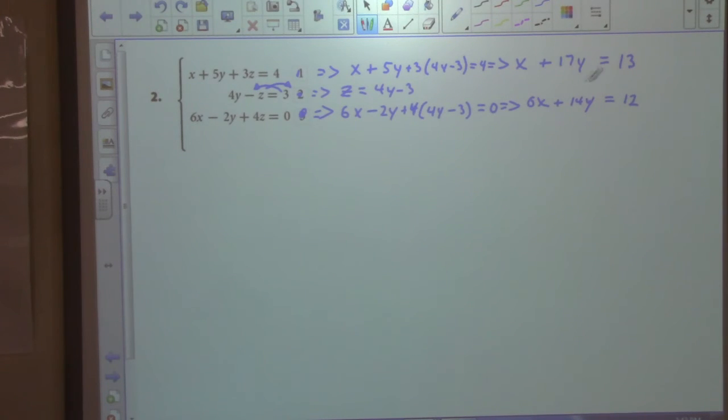Okay, what's going to be your next strategy on this one, you think? What would you solve for here between these two to substitute? Would you do both?